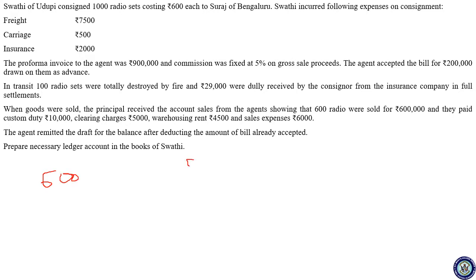But the entire consignment, the goods were consigned for rupees 9 lakh. Now we have to see per unit value of the goods consigned. How to find total value: 9 lakh divided by 1000 radio sets, it comes to 900. Means one radio set cost rupees 600, consigned at rupees 900.